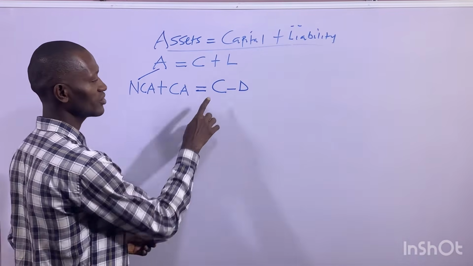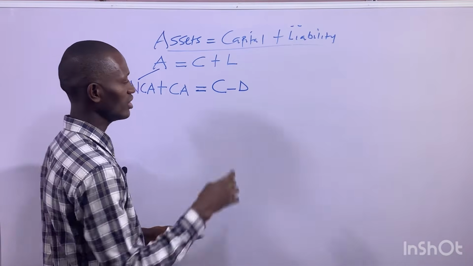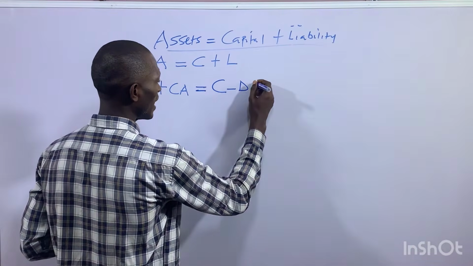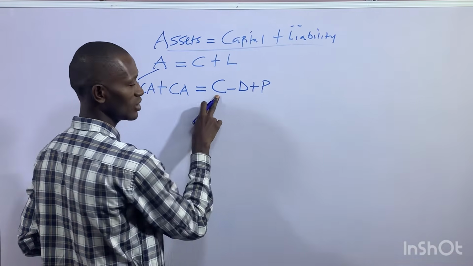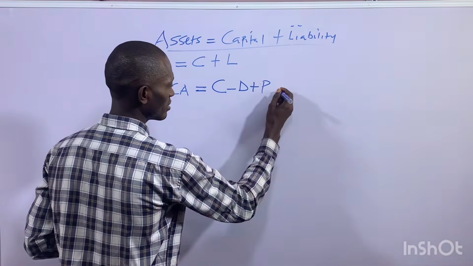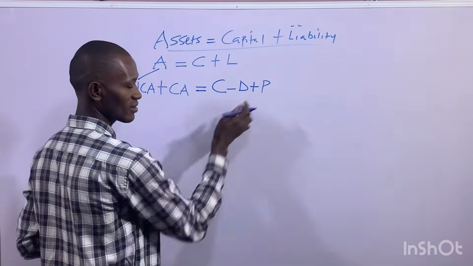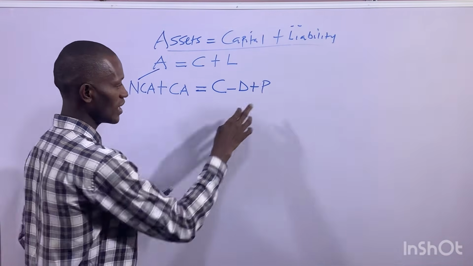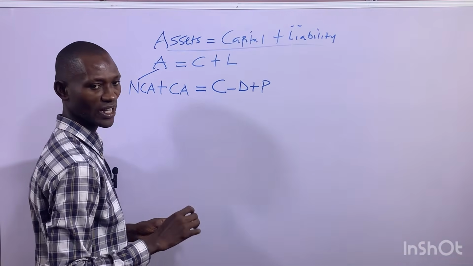So when the business generates profit as a result of the introduction of the capital into the business, then we add the profits to the capital. But if it is loss, we minus it. But we are assuming profits. So that's why we have P here. Profits. We add that profit to the capital.